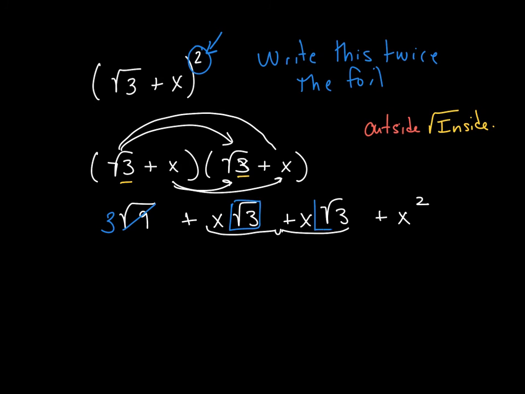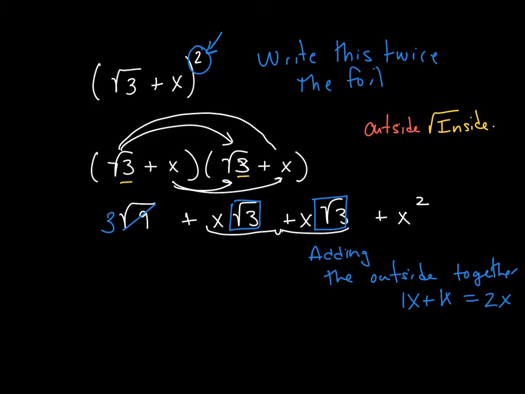All I'm doing is adding the outside together, which really means I'm just adding x plus x. That's understood to be 1x and 1x, so that is equal to 2x. And this really makes you focus on what you already have learned about combining terms. So be very careful with this.